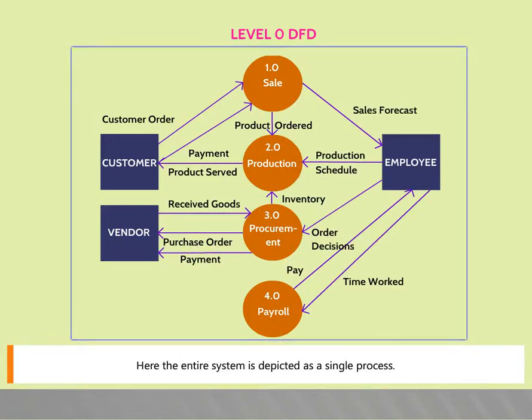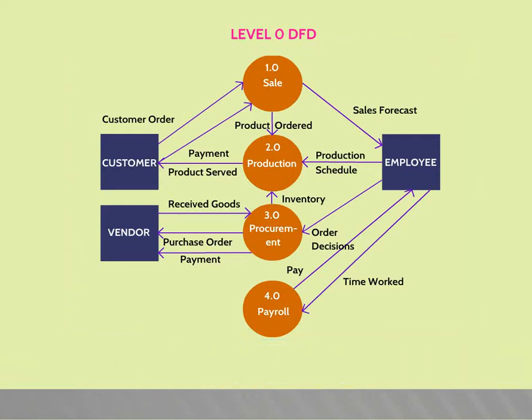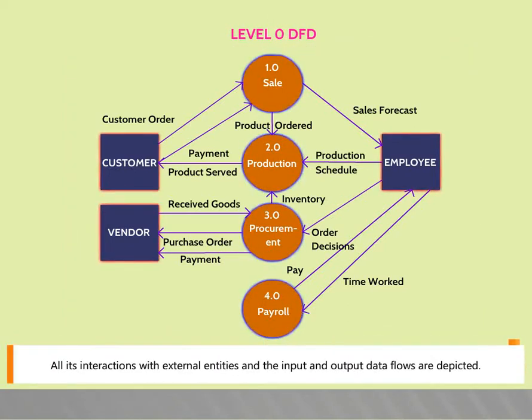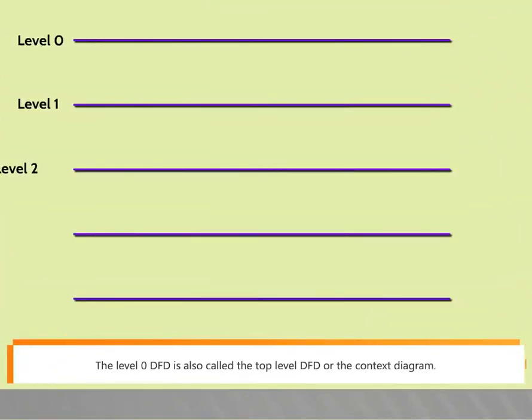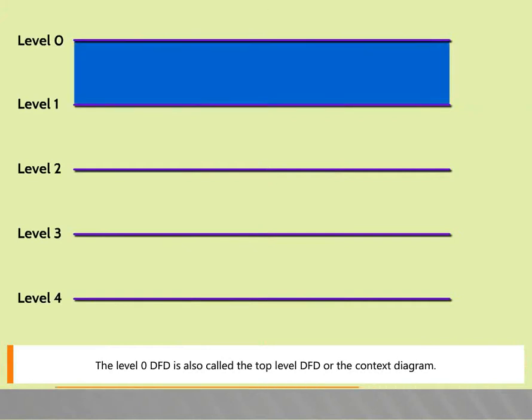Here, the entire system is depicted as a single process. All its interactions with external entities and the input and the output data flows are depicted. The level 0 DFD is also called the top level DFD or the context diagram.